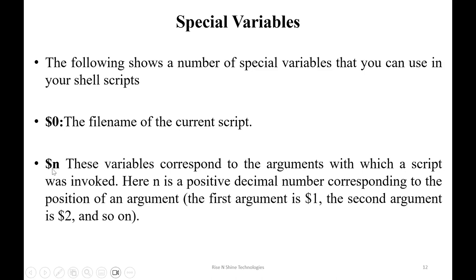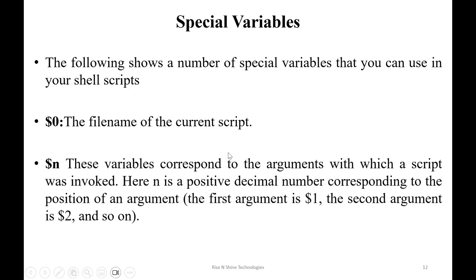Then we know about $1, $2, $3. What about all these things? These variables correspond to the arguments which you are passing while invoking the script. So far we have used only one argument, $1. If you pass two arguments, $1 is the first argument, $2 is the second argument.